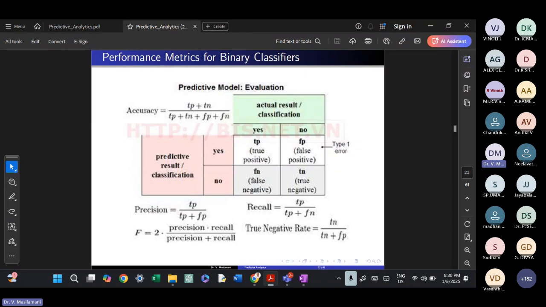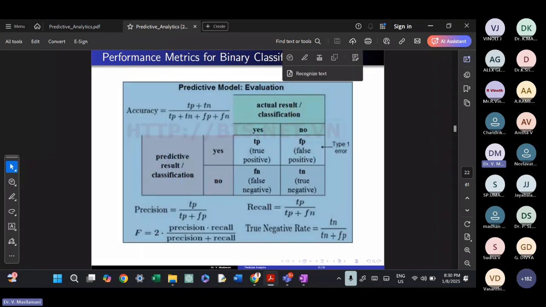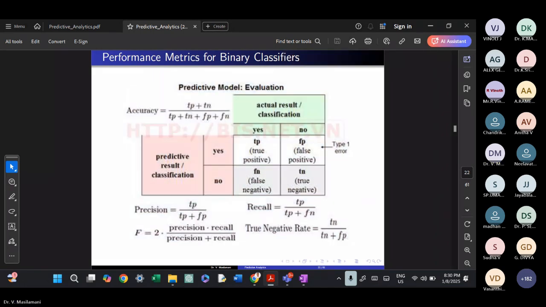And as you know, the performance metrics are defined using something known as the confusion matrix. Just look at this portion. The row says the actual prediction. The actual prediction is yes means first row. Actual prediction is no means the second row. And the column says the ground truth. Ground truth is yes means first column, ground truth no means second column.